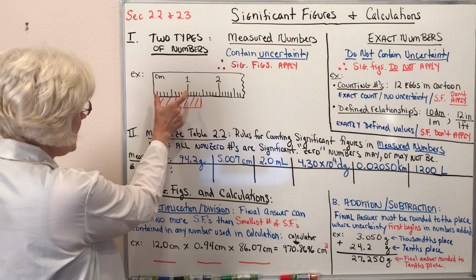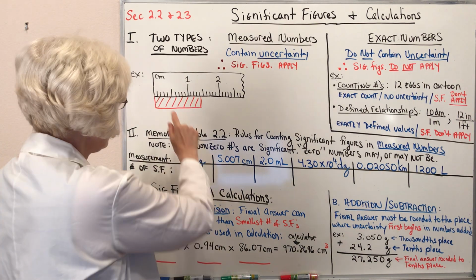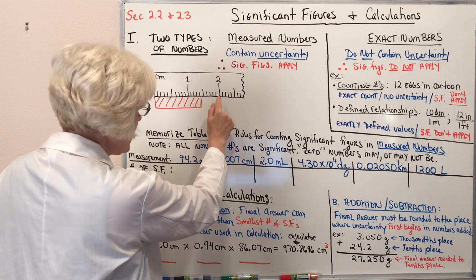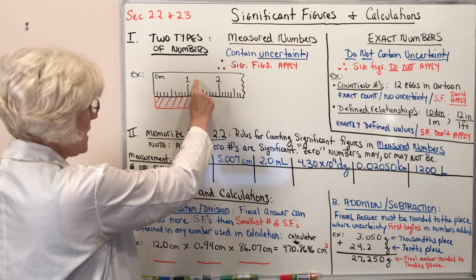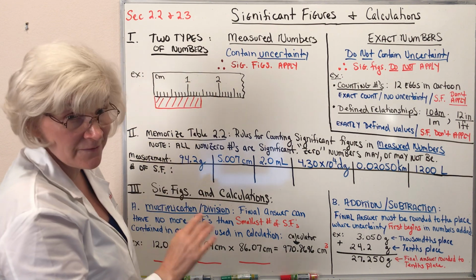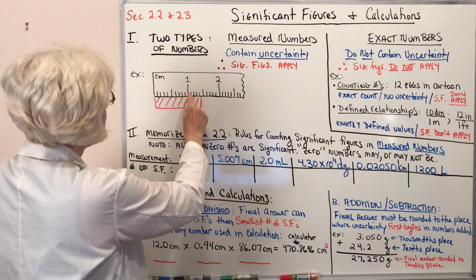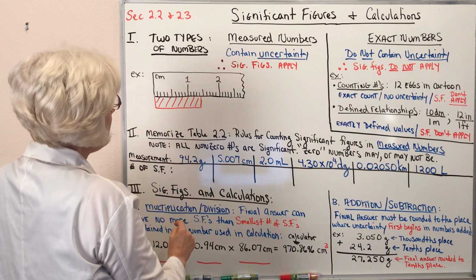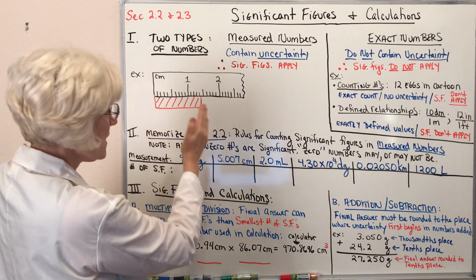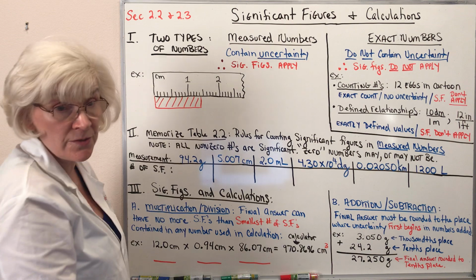Then we see that each centimeter distance is further subdivided into smaller divisions. The way we figure out the meaning of those divisions is to take a look at the numbers, 1 centimeter, 2 centimeters, and count how many divisions are separating those two distances. So I'm counting 1, 2, 3, 4, 5. Right in the middle, the hash mark is a little larger, or longer, indicating we're halfway between 1 centimeter and 2 centimeters.